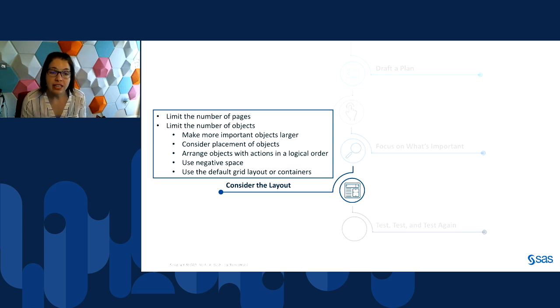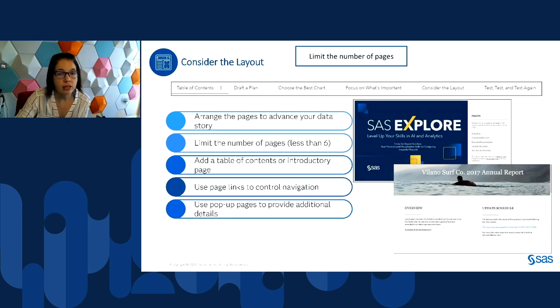We'll also use negative space and use the default grid layout or containers to make our report look very nice. So limit the number of pages. We talked about this. The recommendation is 4 to 6. If you need more than 7, consider splitting them into 2 separate reports.